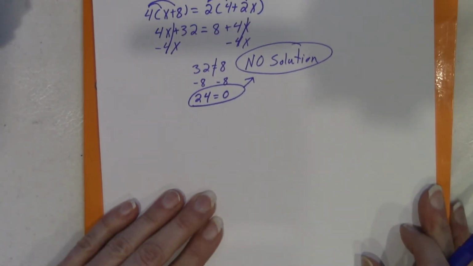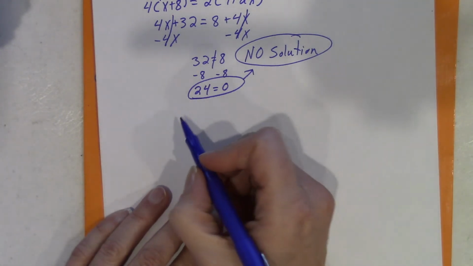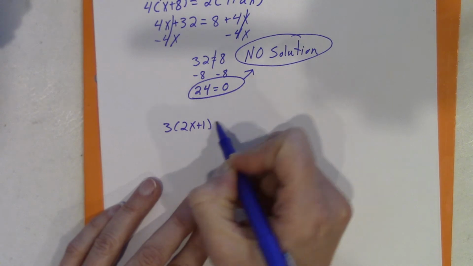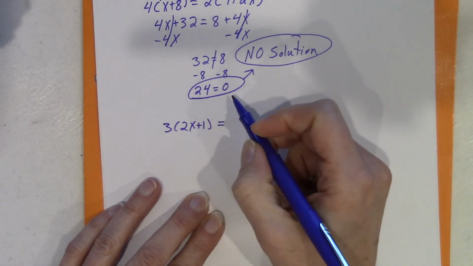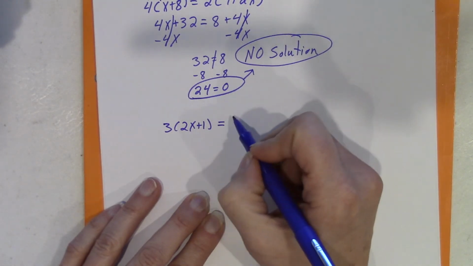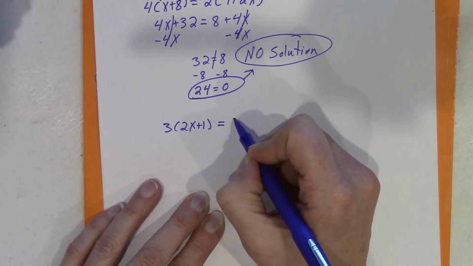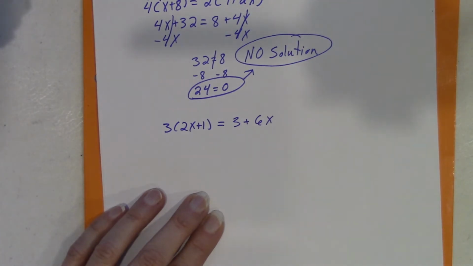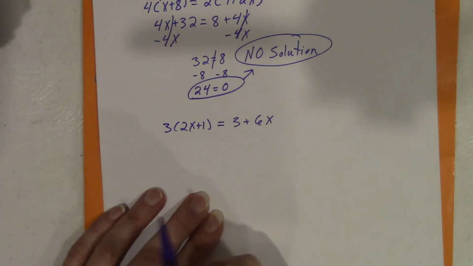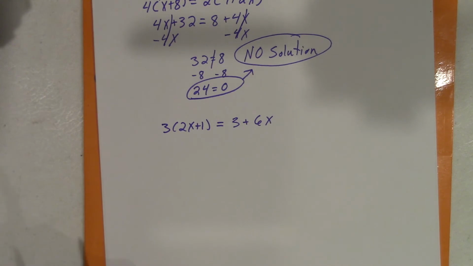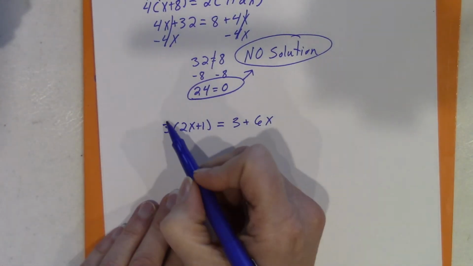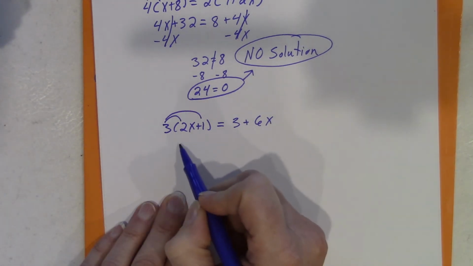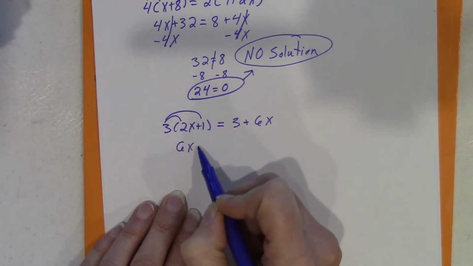Okay, finally, we'll do one more type of problem. Okay, so I'm going to go ahead and distribute my 3 inside the parentheses. 3 times 2x is 6x. 3 times 1 is 3.